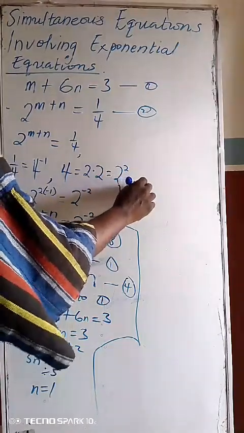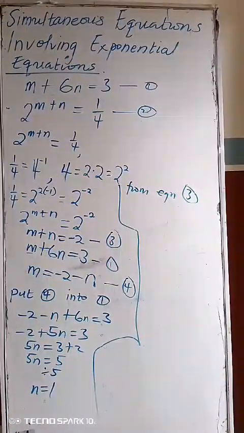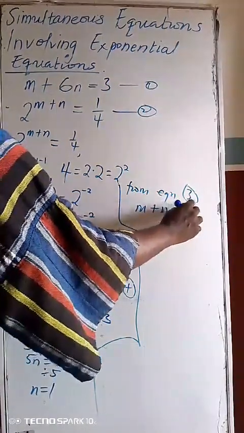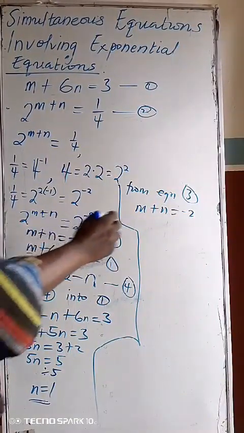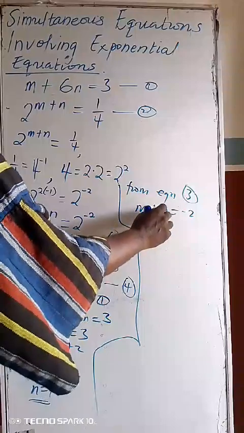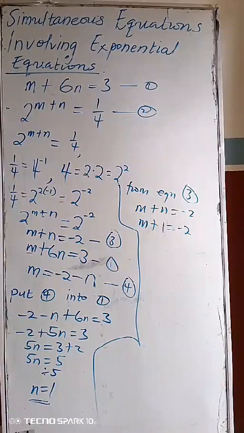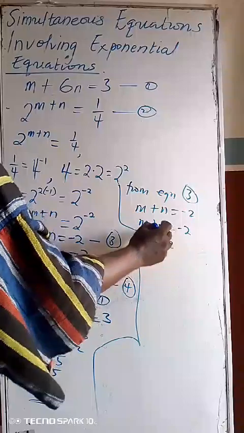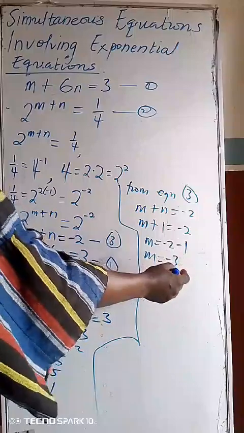From equation 3, I have m plus n is equal to negative 2. If my n is 1, then m plus 1 is equal to negative 2. Let's group like terms. I have m is equal to negative 2, here inverse negative 1, so my m is equal to negative 3.